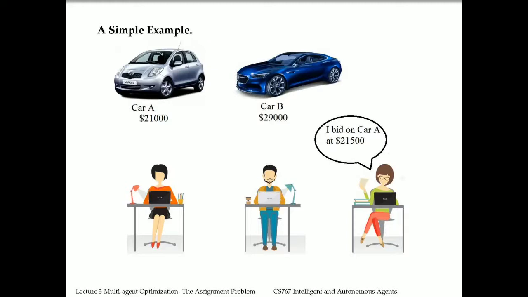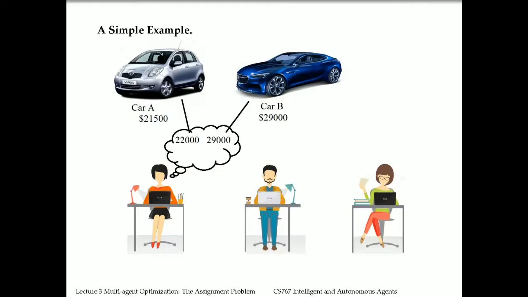And then because it's an iterative procedure, the first agent will reevaluate, and because car A is no longer held by her, she will need to make a decision on whether she would like to send out another bid. Of course, car A's current price is still lower than her utility, and therefore she will say, well, I could of course bid on car A at $22,000, right?